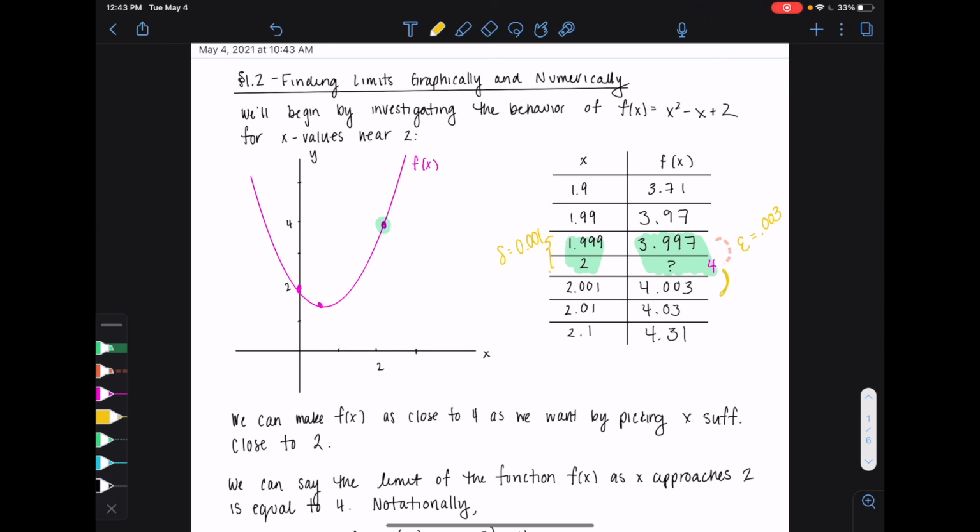And same thing if I go on the other side. This distance is 0.003 in the y values, and that delta distance is 0.001. So if I give you epsilon as 0.003, your delta has to be 0.001. So that 2 minus whatever that x value is will be close enough to 2. Okay?